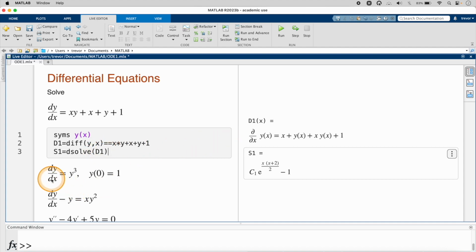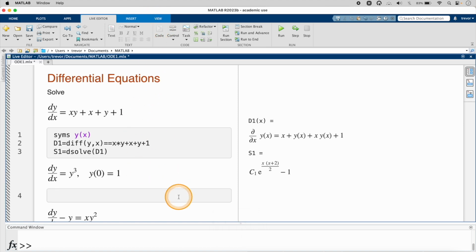I now move on to this second differential equation where we are given an initial condition. So I'll go on and enter the code. For the code, we have already created our function there, y of x. So I just go on and enter the equation there.